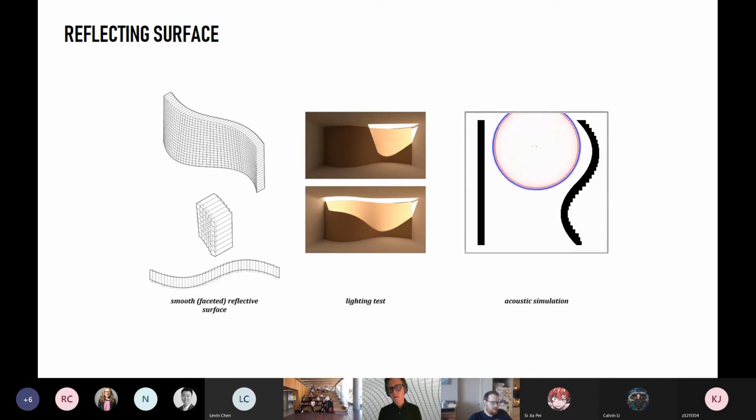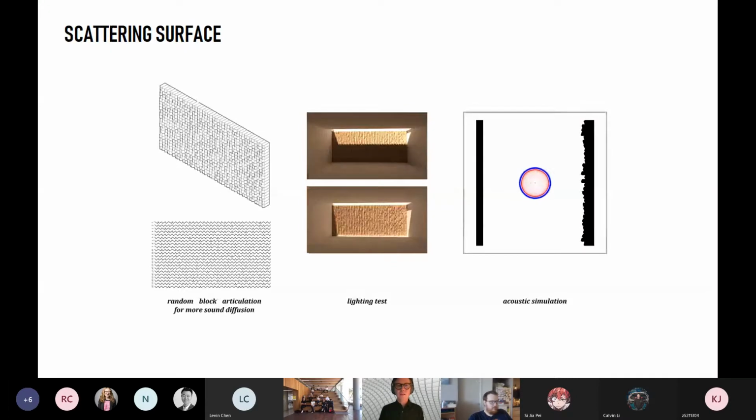Through placing those blocks, we can create these different focusing zones or flutter echoes or whatever. And through staggering the blocks, we can create this diffusive surface. You can see here the reflection from the diffusive surface as it scatters the sound, both spatially but also temporally, over time, and contrast that with the very specular reflection from the other wall.